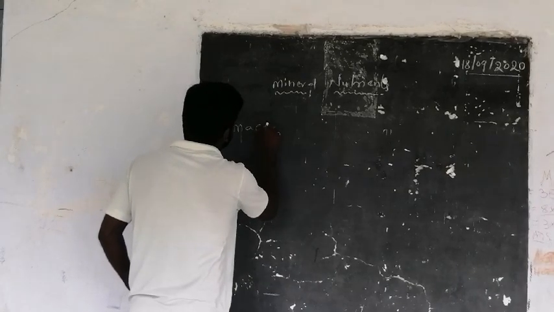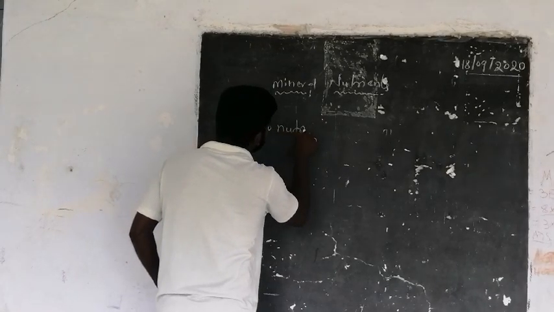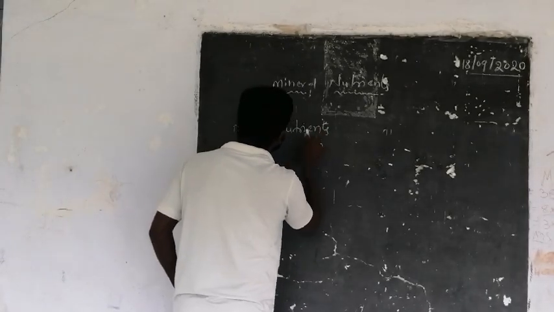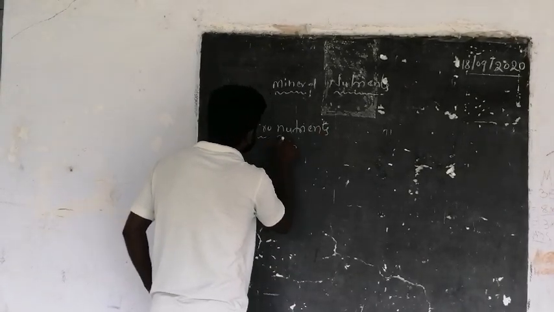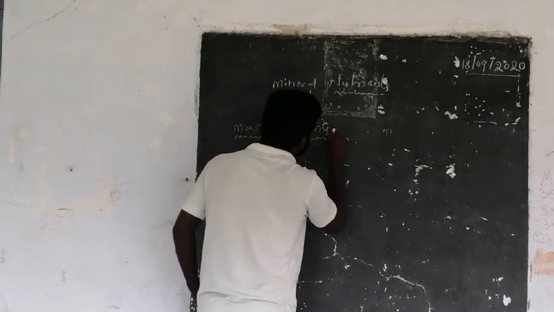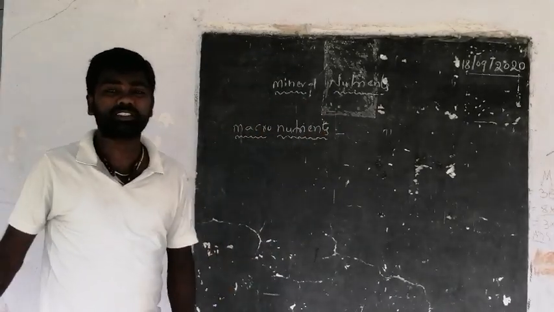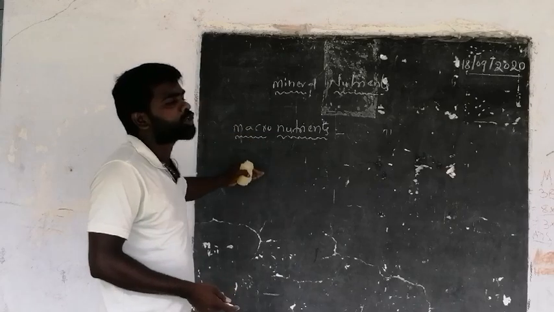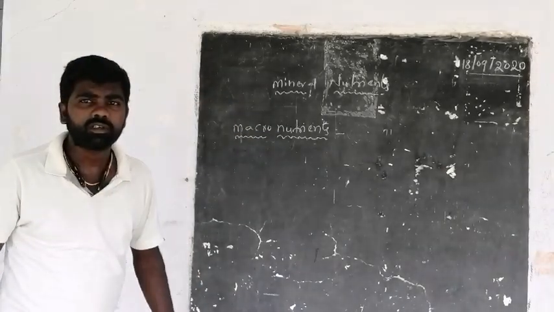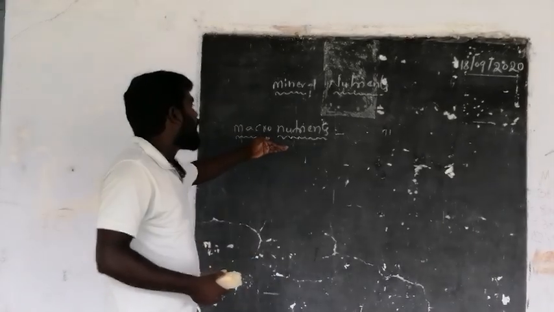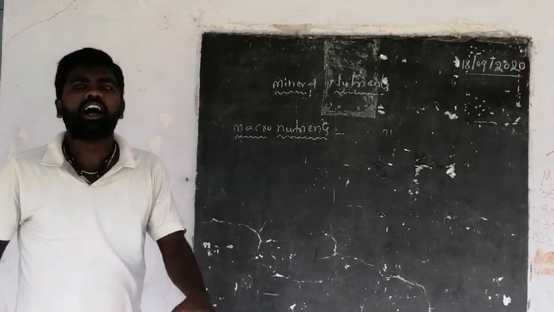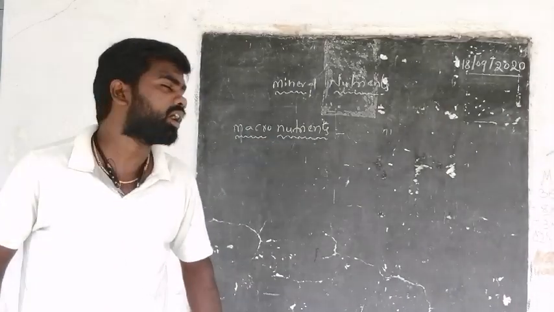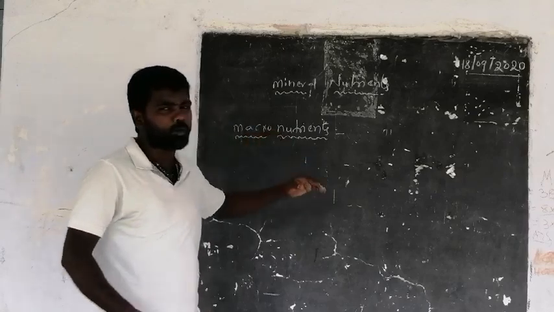Let us see macronutrients first. Macronutrients are the mineral nutrients that are absorbed in higher amounts.